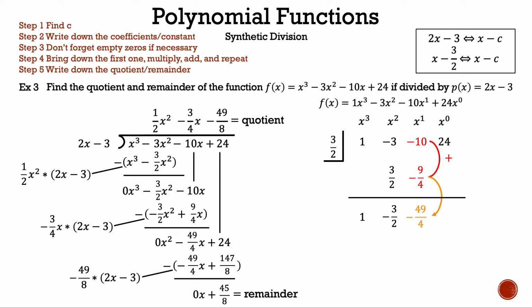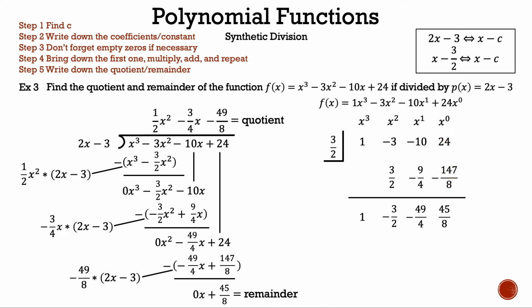Now we repeat. So let's multiply the c value, 3 over 2, by the bottom number, negative 49 over 4, and the result, negative 147 over 8, goes under the 24. Next we add the 24 and the negative 147 over 8 and put the result, 45 over 8, on the bottom row.